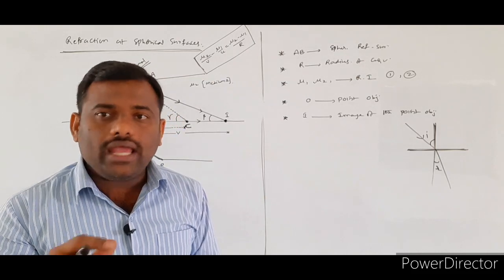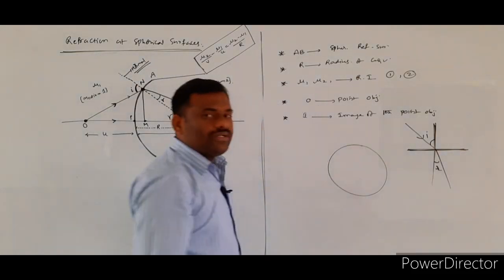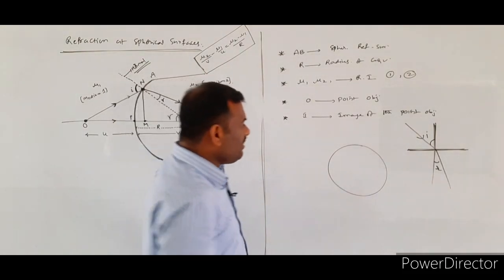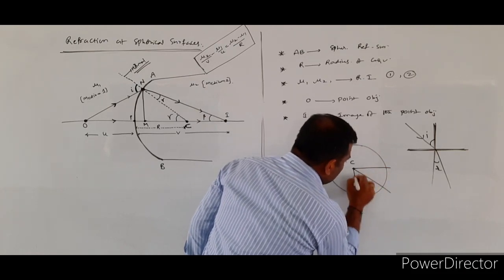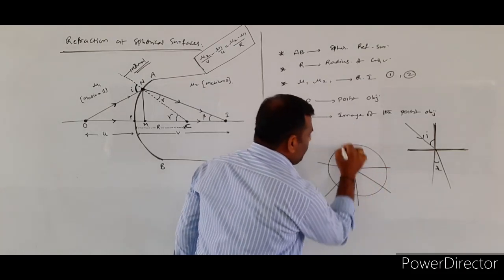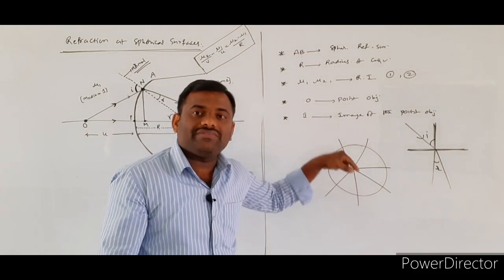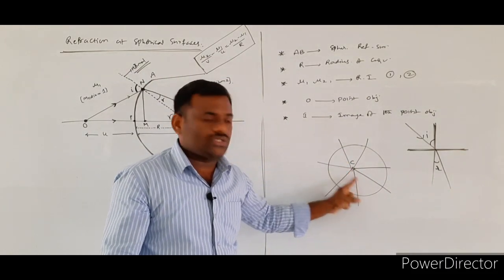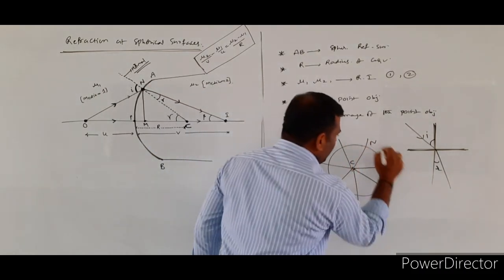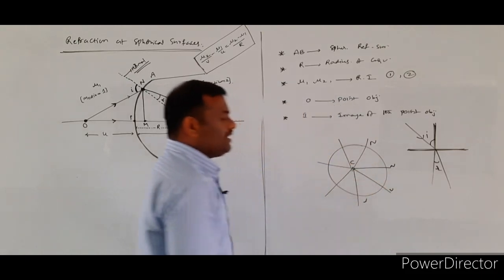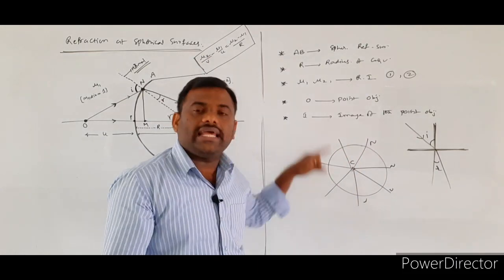If you consider any spherical surface and draw a straight line from the center of curvature to any point on the spherical surface, all these lines indicate normals. All these lines are normals drawn to the spherical refracting surface.